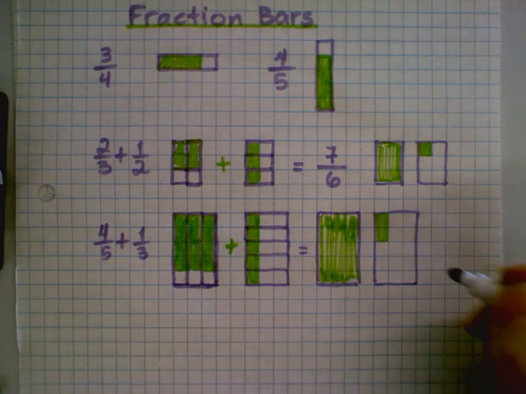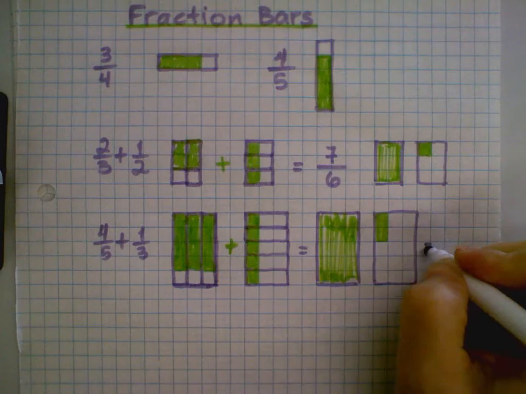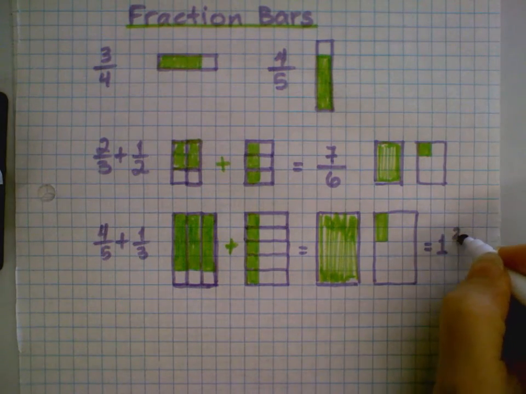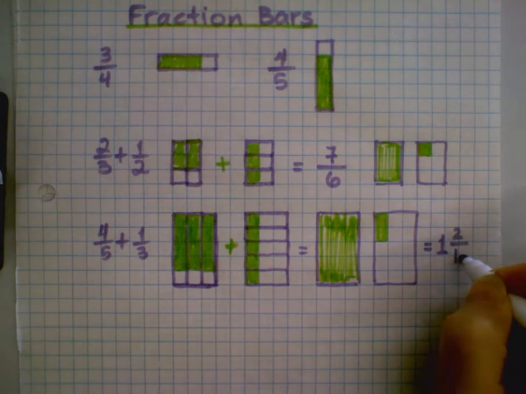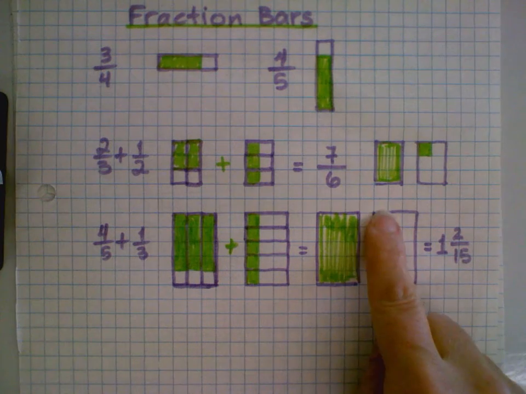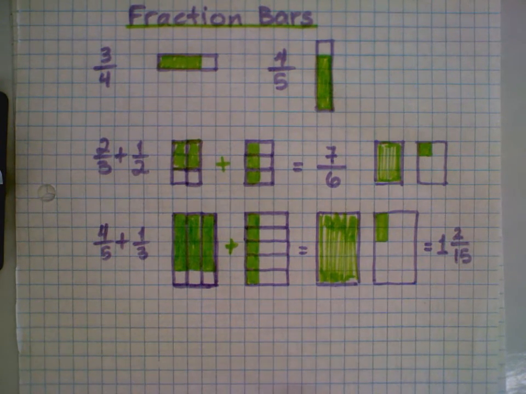So in the end, this is 1 and 2 out of 15. Or I could write the improper fraction, which would be 15, 16, 17 out of 15.